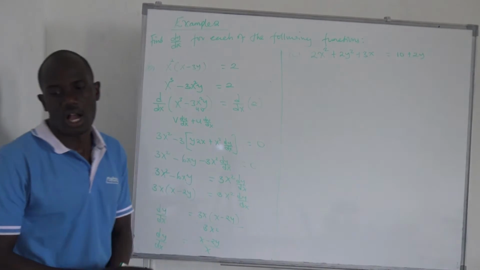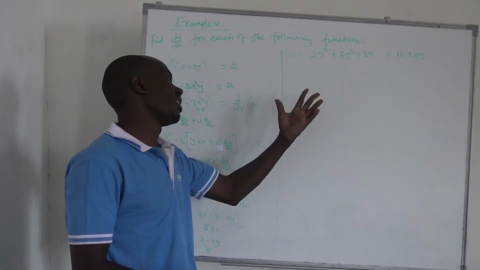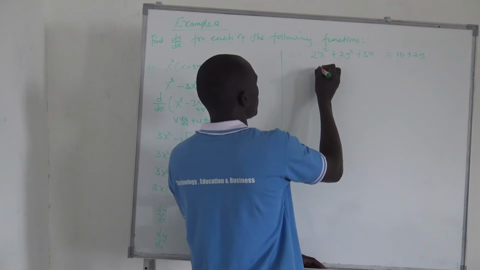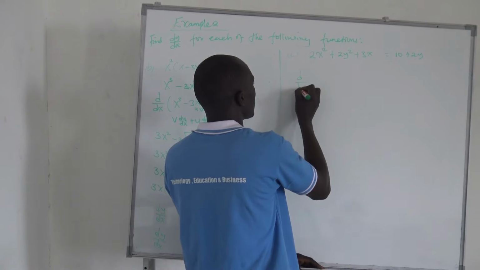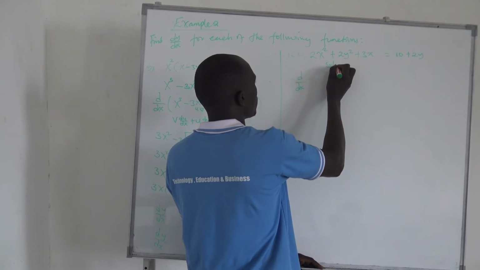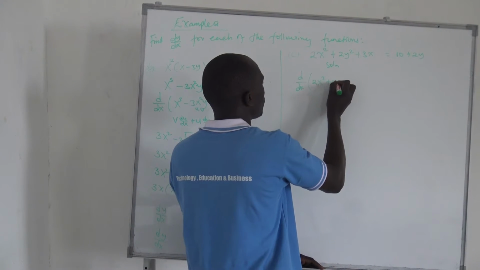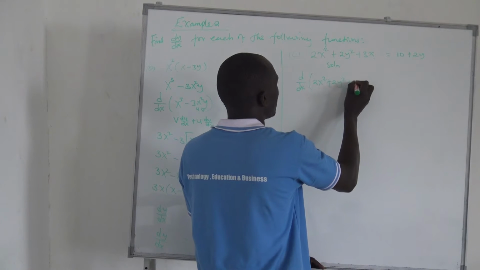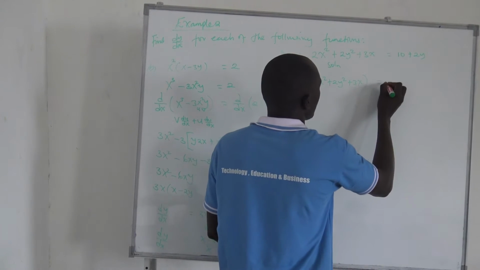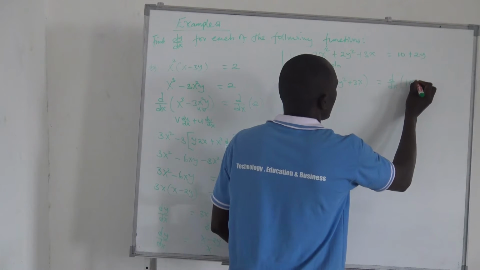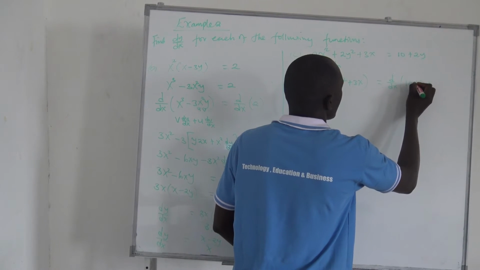So I want to look at how we differentiate such implicit functions. So solution: still, we're going to look at d/dx of 2x squared plus 2y squared plus 3x equals d/dx of 10 plus 2y.